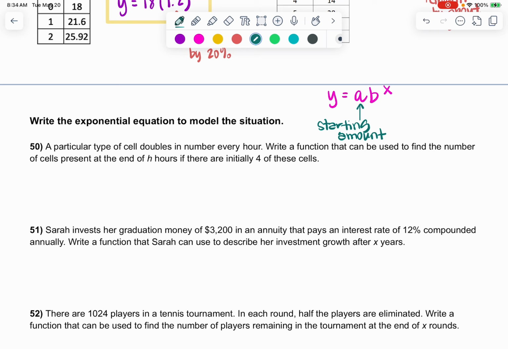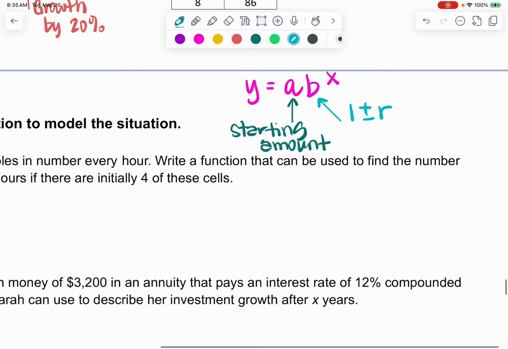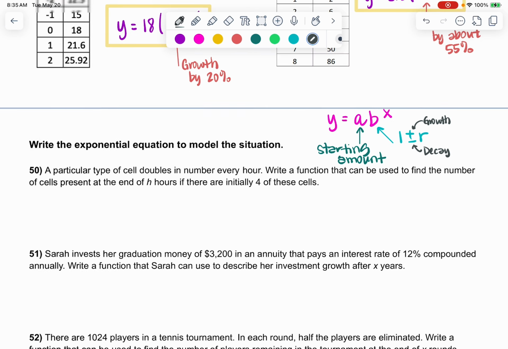And so whatever you're starting with. And then the b is 1 plus or minus the rate of either growth or decay. Right? So if you add the r, that's growth. And if you are subtracting r, which means you get a number less than 1 because you're subtracting the rate, then that would be decay. Okay? All right, here we go.